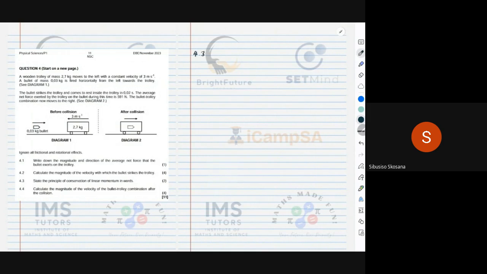So now they want the principle of conservation of linear momentum in words. To make things easier for yourself, to always remember, you can say Pi equals Pf.